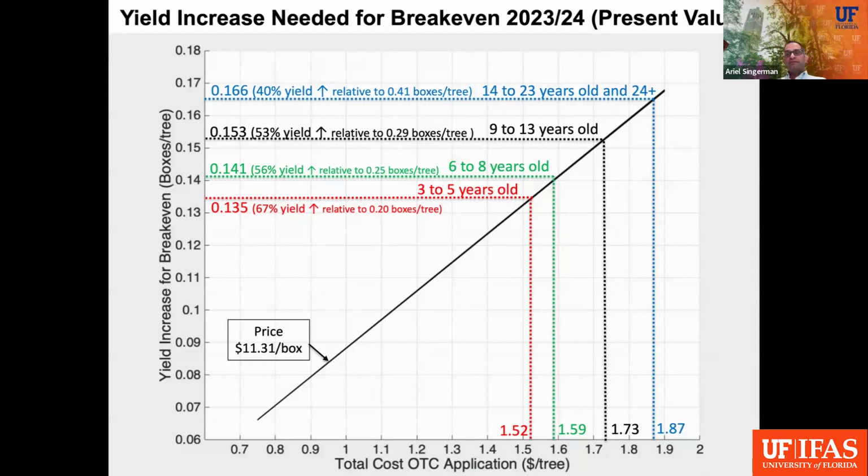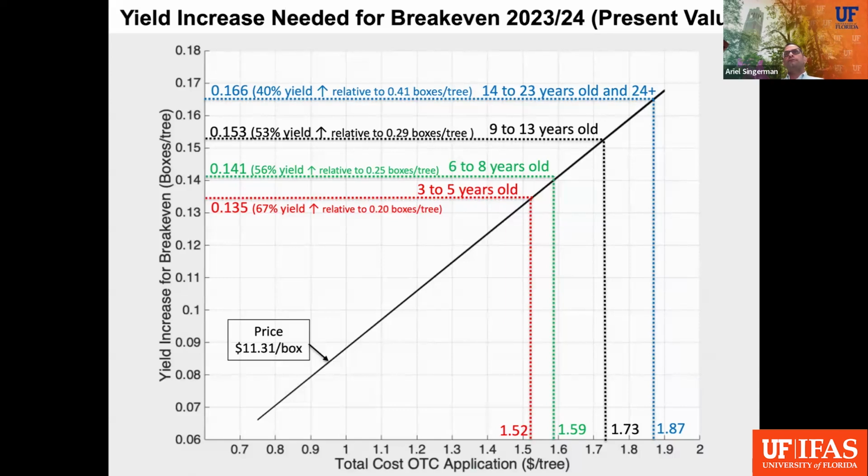For 6 to 8-year-old trees, the present value of the cost last year is $1.59, and so the percentage yield that is needed for break-even is a 56% yield increase relative to that tree age group average yield. For 9 to 13-year-old trees, it's 53%.